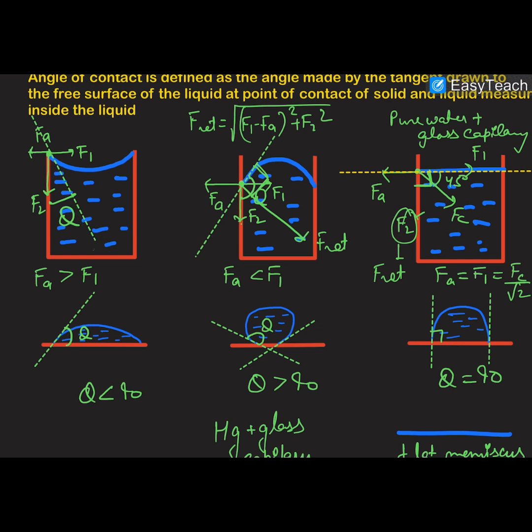And in fact, Fa will be greater than F1, and therefore the resultant of all these forces will be in the outward direction. This is F net, and F net in this case will be under root of (Fa minus F1) whole square plus F2 square.